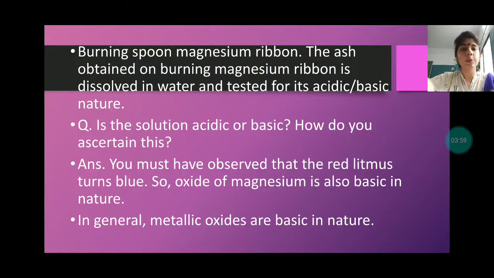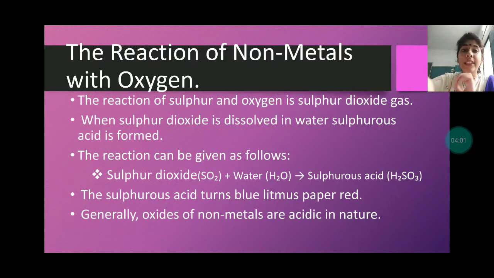Let us see how. When non-metals react with oxygen, suppose we have taken sulfur, which is a non-metal. Sulfur when reacted with oxygen will give sulfur dioxide, that is SO2.